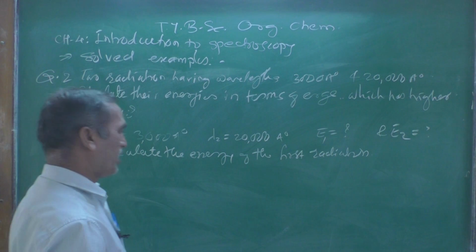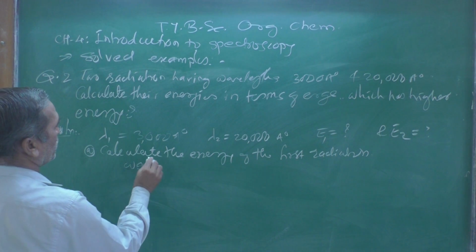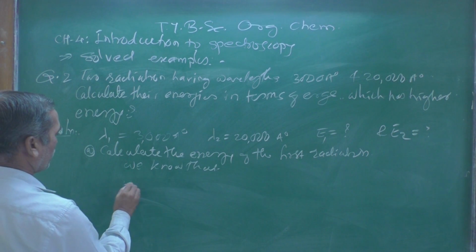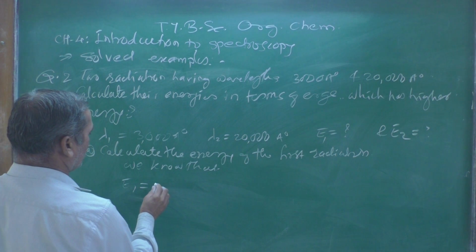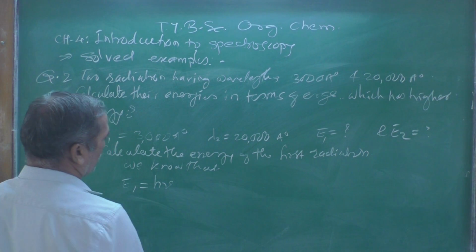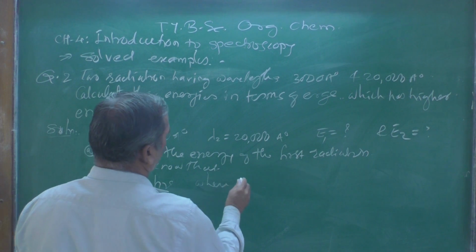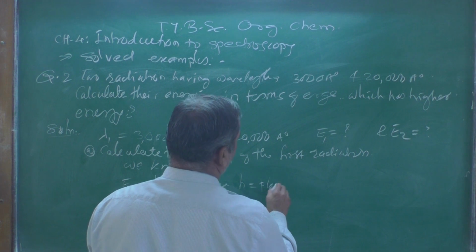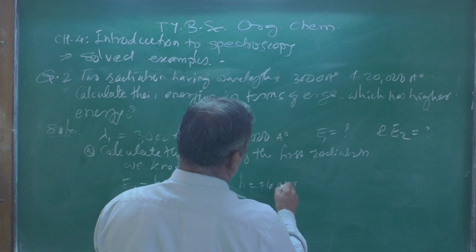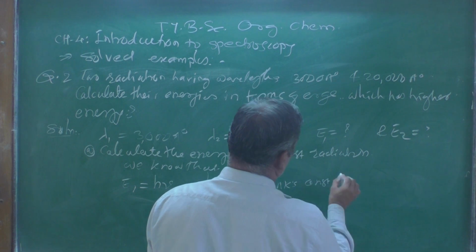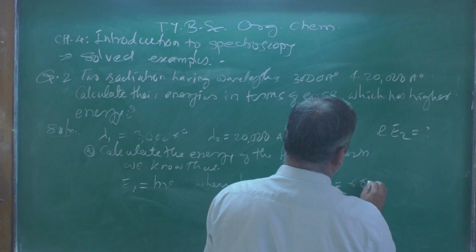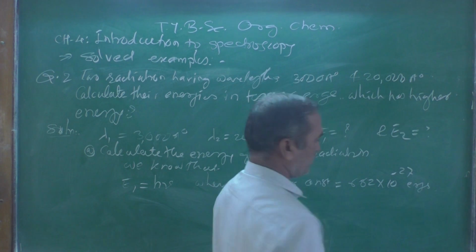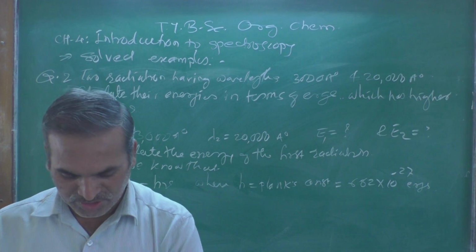And as we know, E1 is equal to h nu, where h is the Planck constant. The Planck constant is given as 6.62 into 10 raised to minus 27 ergs second, right? That is a constant value and it is given.